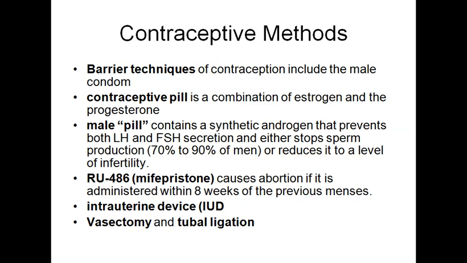Then another method is IUDs, the full form of which is intrauterine devices. The other, surgical methods are vasectomy and tubal ligation. Vasectomy is for males and tubal ligation is for females, right? So you just need to know the names only for contraceptive methods.